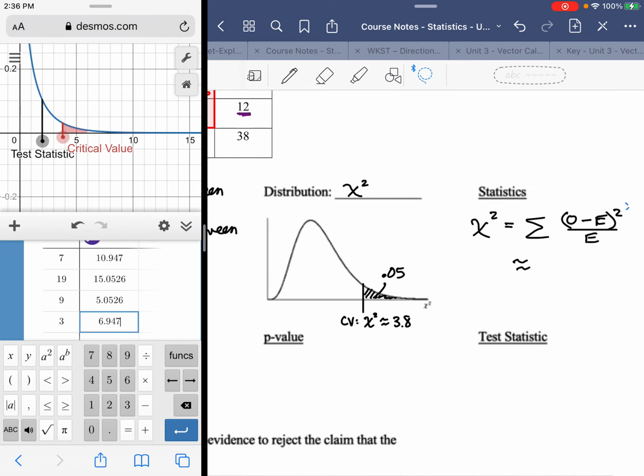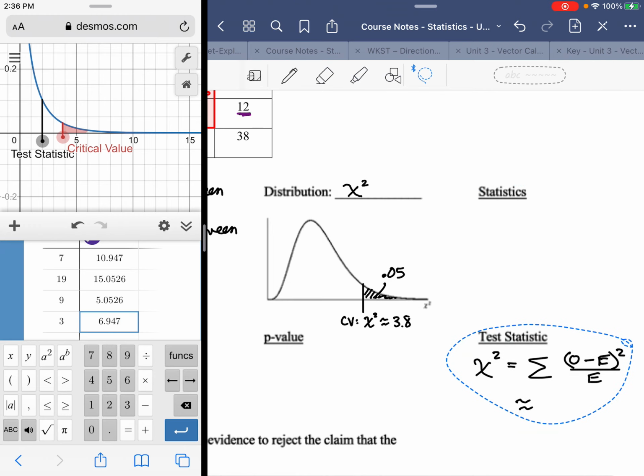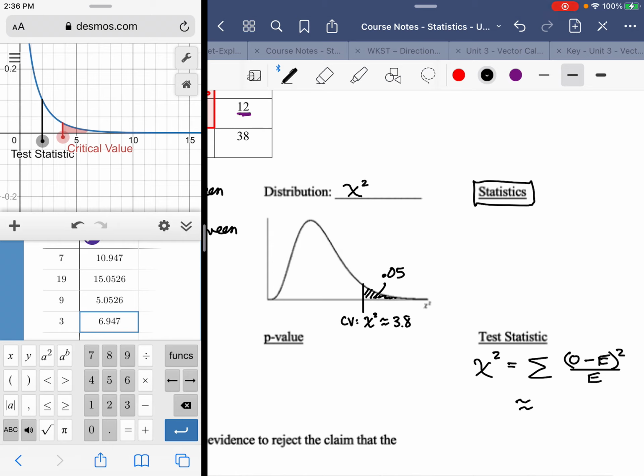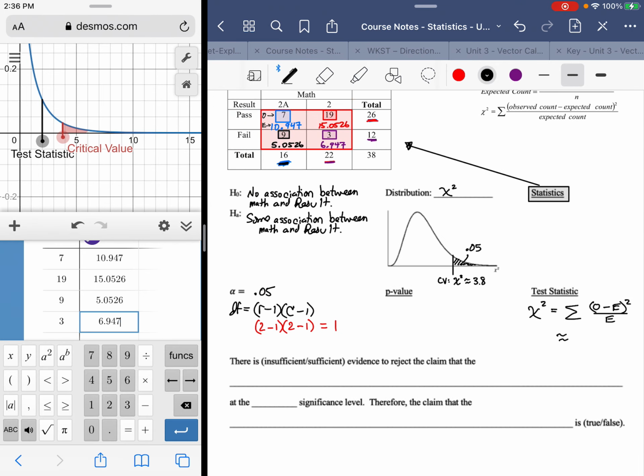Apologies, this is under test statistic. This is kind of my templated response. That's all in the table.